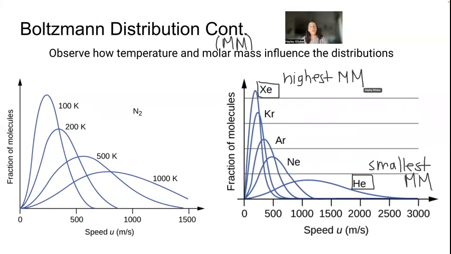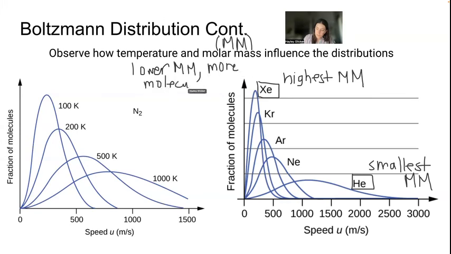What we're noticing is that the smaller the molar mass, the larger the fraction of molecules moving really, really quickly. So a lower molar mass means we can have more molecules moving really quickly.